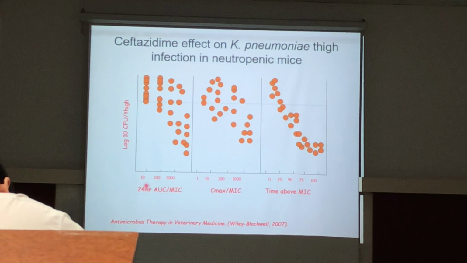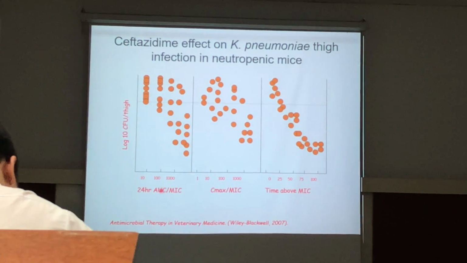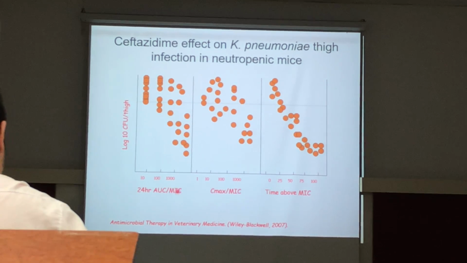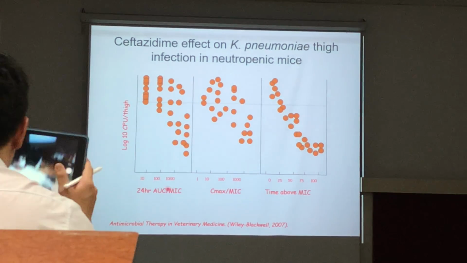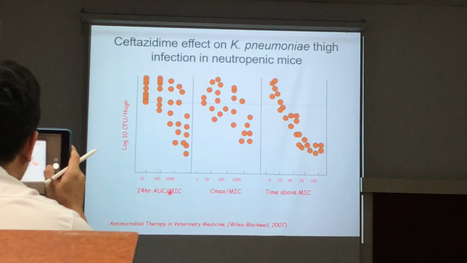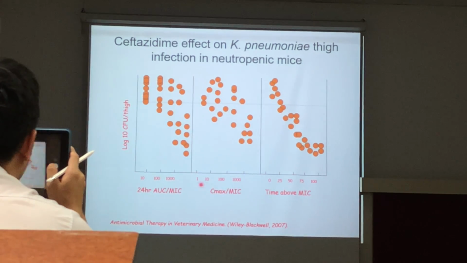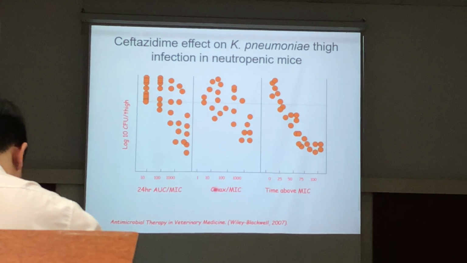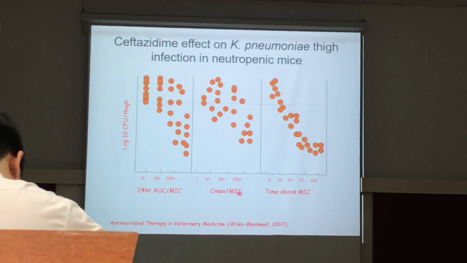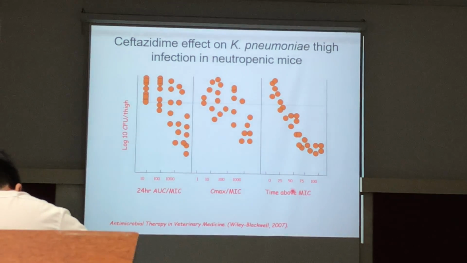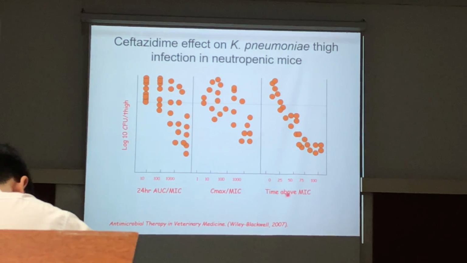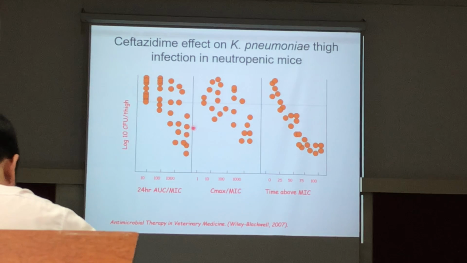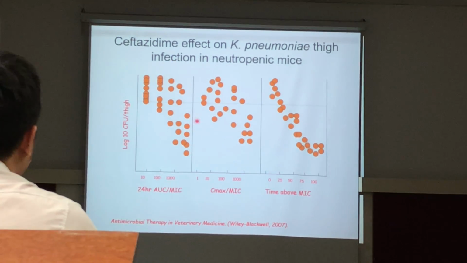Here I'm going to increase the AUC over the MIC, the PK/PD parameter that stands for concentration and time. Here I'm going to increase the PK/PD parameter that stands for concentration-dependent antibiotics, the Cmax, and here I'm going to increase the time above the MIC, for the same experiment, for the same drug.